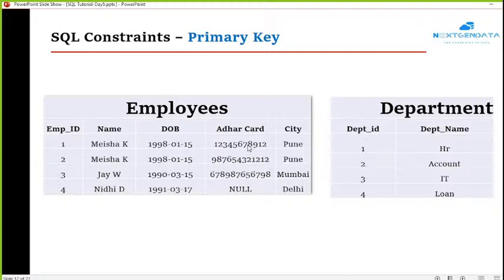The Aadhaar card is different, but the other information, the name, date of birth and the city, is the same. Now, if I consider the Aadhaar card as the primary key, then what will happen?